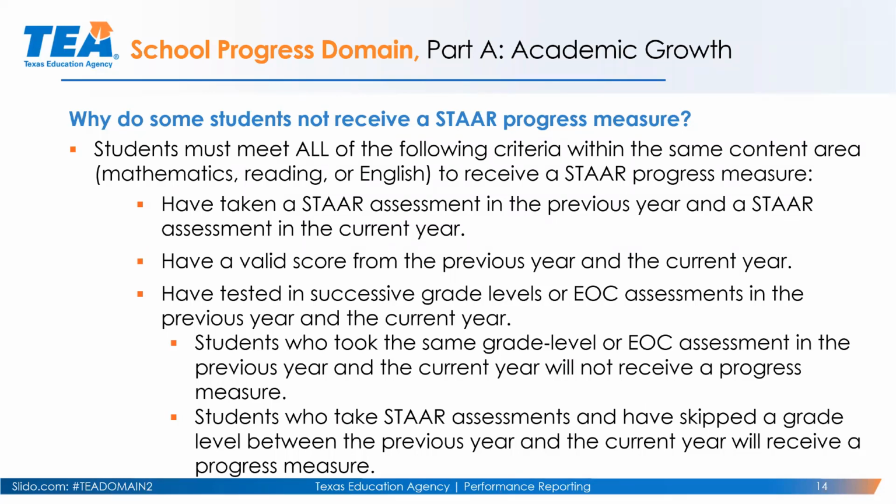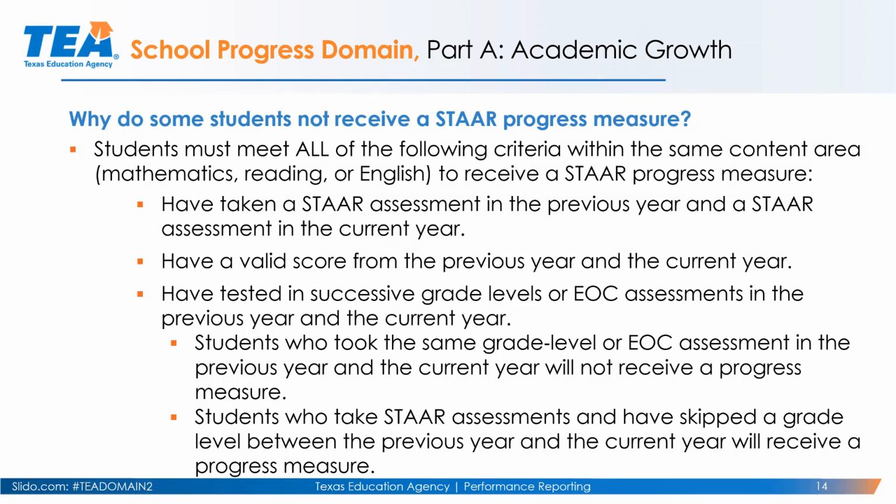So students who transferred to Texas public schools from out of state, or were homeschooled, or were private schooled in the previous year are not eligible to receive a STAAR progress measure because we do not have a STAAR test from 2018 to make a calculation for progress or improvement to 2019.